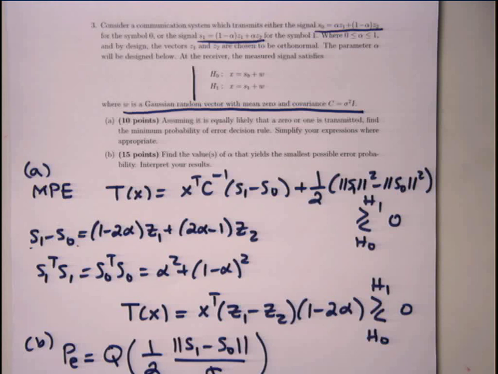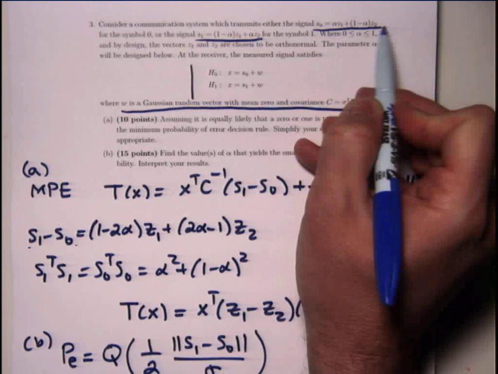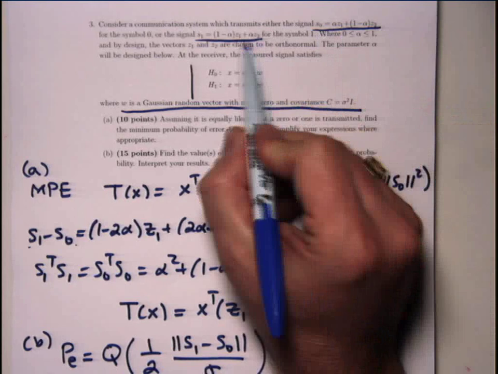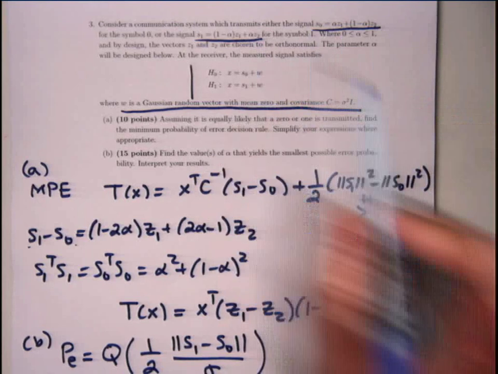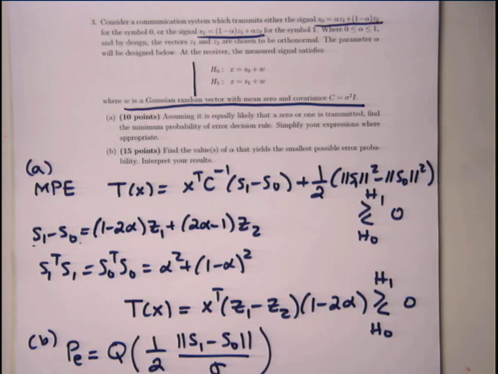In other words, if you have two signals Z1 and Z2, then just set S0 to be Z1 and S1 to be Z2. If they happen to be orthogonal and unit length, alpha is completely unnecessary. You don't need to mix them together. All you need is to transmit the two, and it'll work to minimize the probability of error without having to play around with that parameter alpha.